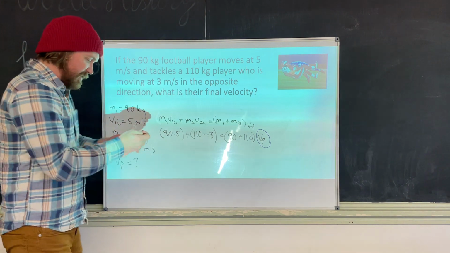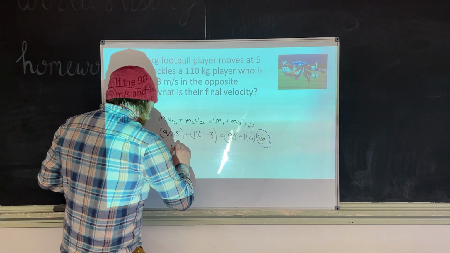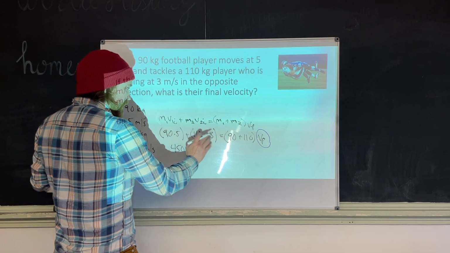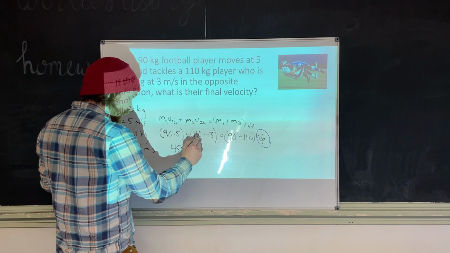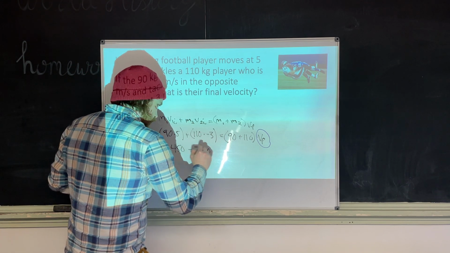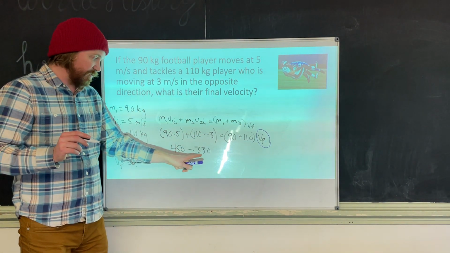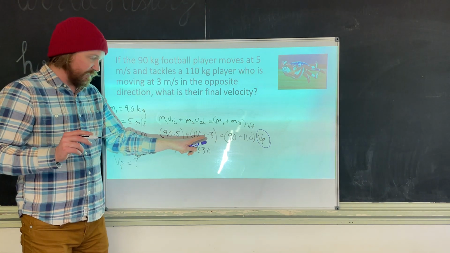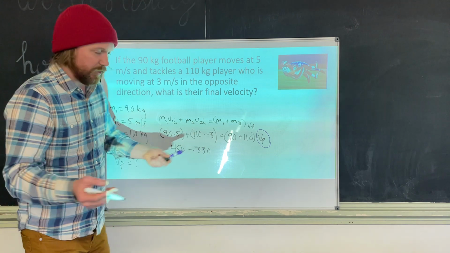We still have 90 times 5, so this is still going to be 450. But now we have 110 times negative 3, which is not positive, it is now negative 330. You could say plus negative 330, but adding a negative is the same as subtracting.